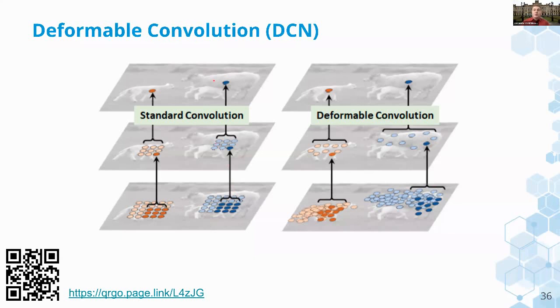Such square pooling regions may contain huge amounts of context information, which decreases the performance of our classification algorithm and may result in overfitting of our object detection model.